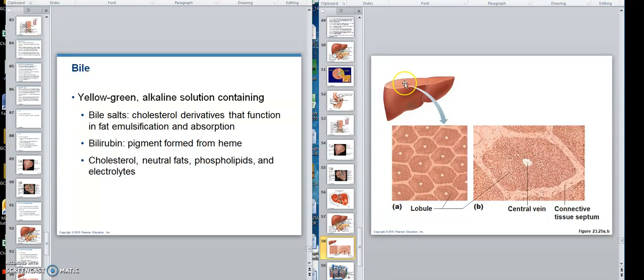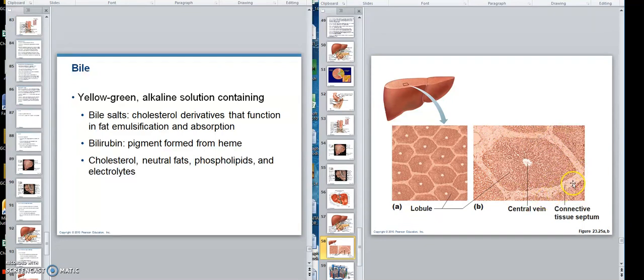Now we're going to histology of the liver. We're shaving it down. And the liver is made up of these lobules. And in here, these little dotty things are your hepatocytes, your liver cells. Now see right here, these lobules are 1, 2, 3, 4, 5, 6 sided.